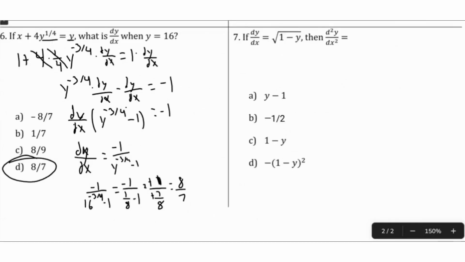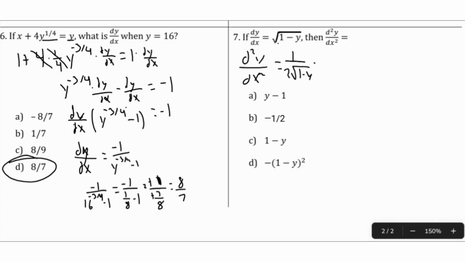And finally here we have number 7. If dy dx equals square root 1 minus y, what is the second derivative of y? So we have d squared y by dx squared equals, again, this is another chain rule, because we have this square root 1 minus y here, so we take the derivative of the outer function, 1 divided by 2 root 1 minus y.